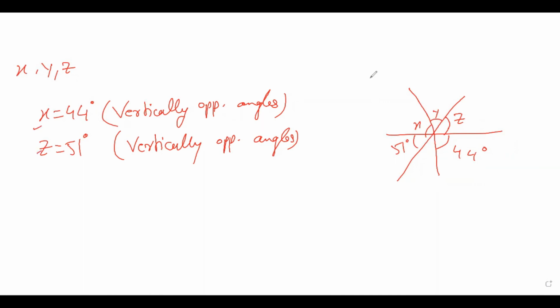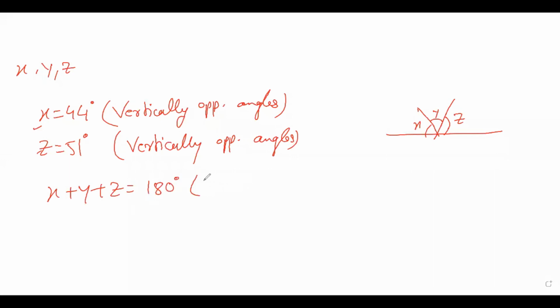So for that, we will use the property. We take just the upper one, that means the upside of this straight line. So here we will get X plus Y plus Z equal to 180 degree. Why? Because sum of angles on a straight line.